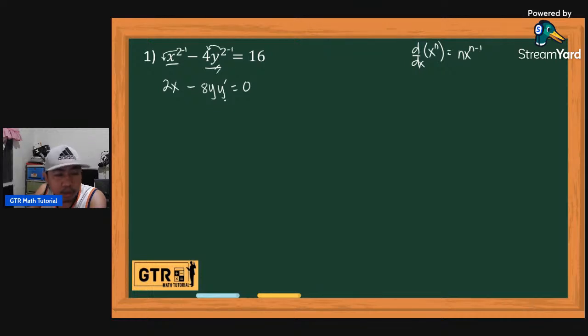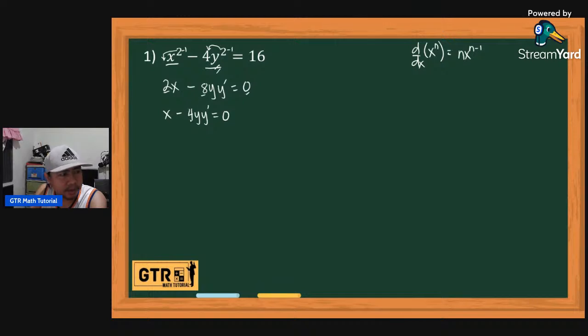Then next, solve for y prime, but first let us divide both sides by 2 since 2 and 8 are both divisible by 2. So 0 divided by 2 is still 0. So we have x minus 8 divided by 2, so we have 4y y prime equals 0.